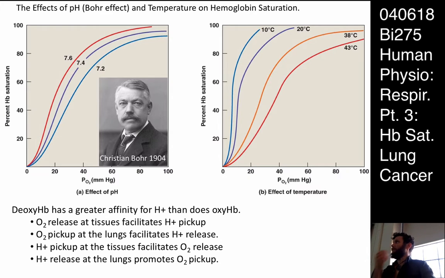So as the blood becomes more acidic, the curve shifts towards the T state, and as it becomes more alkaline, it shifts towards the R state.